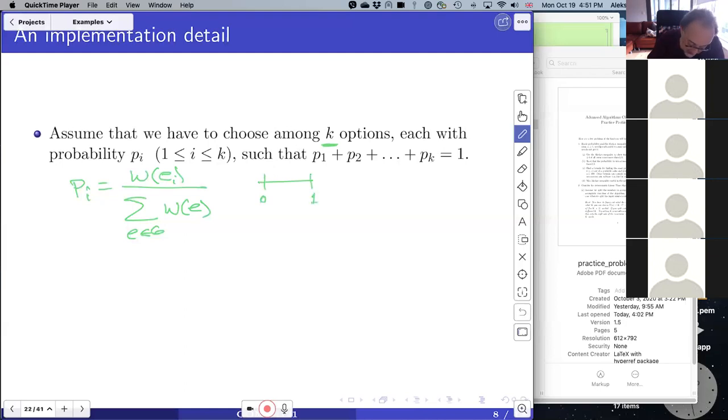Let's say you have a uniform 0, 1 random number generator that always produces a value bigger or equal than 0 and smaller or equal than 1. And that's all you have. And you want to turn it into a random generator that outputs values between 1 and k, so that value i is output with probability p_i. How would you do it? Any ideas?